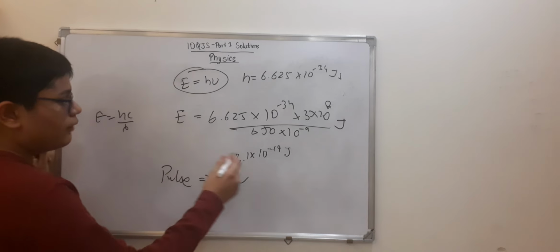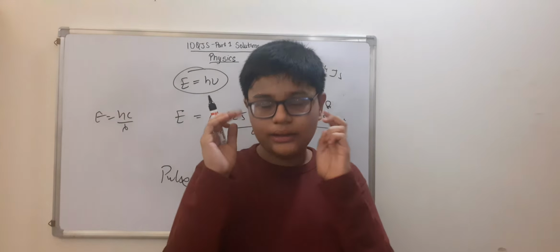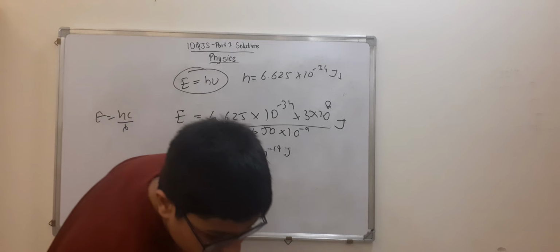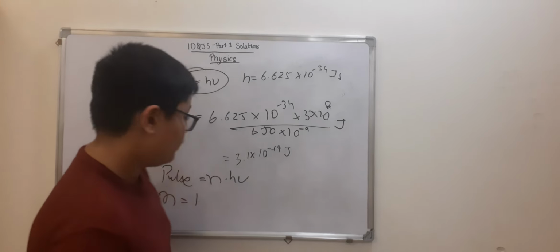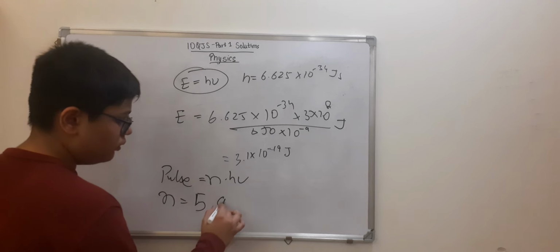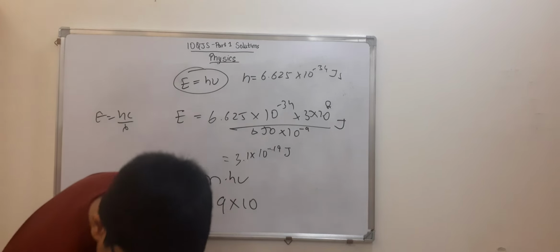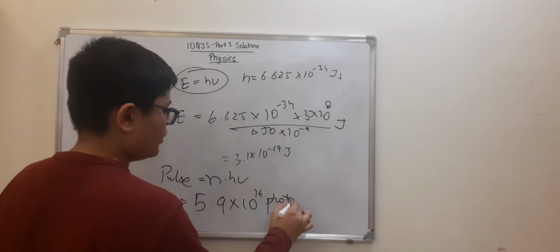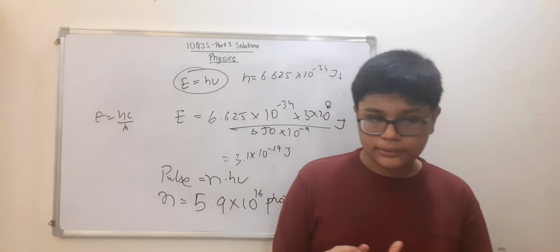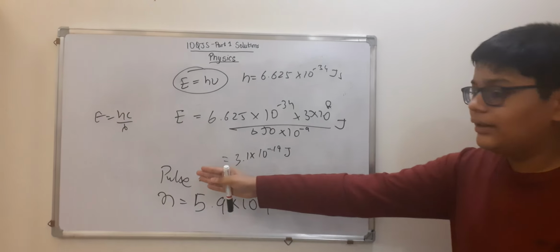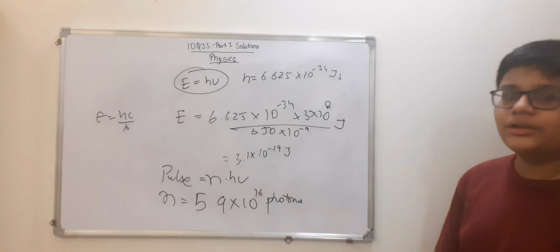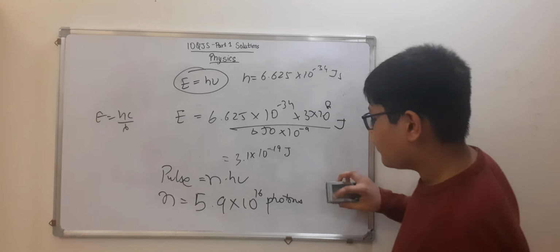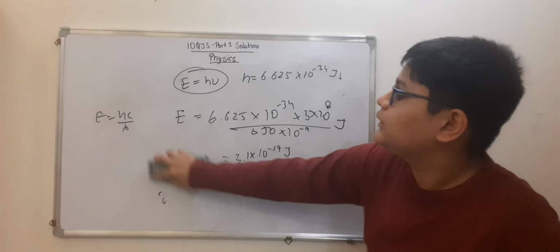So if you divide the values that we calculated in the previous parts, you will get n equal to 5.9 into 10 to the power 16 photons. You can calculate it like that because we have calculated the pulse value, and you can use any units. You can either use electron volts or joules, that's your discretion. So all the options in this question were correct.